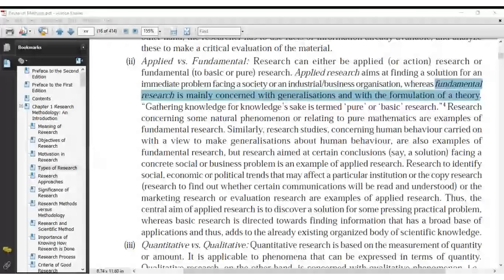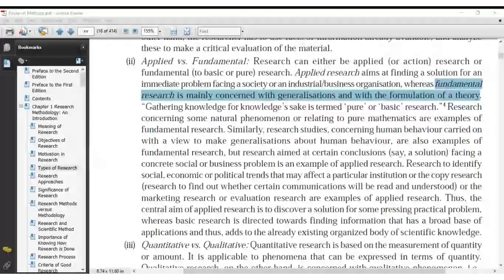Fundamental research is concerned with building theories. Also, I said you have to give me an example of a research, a real life example.